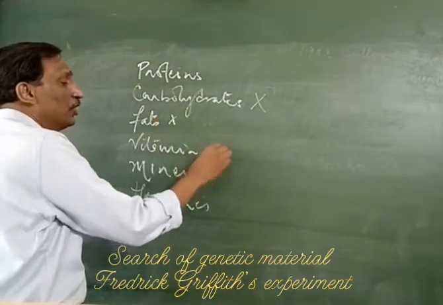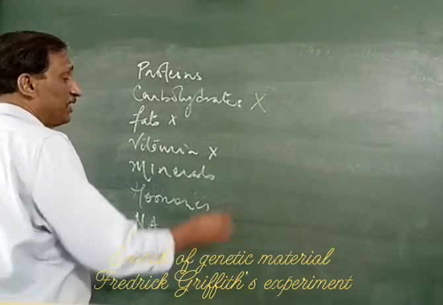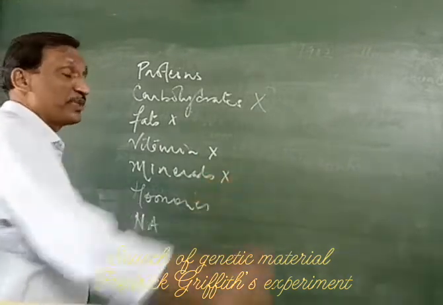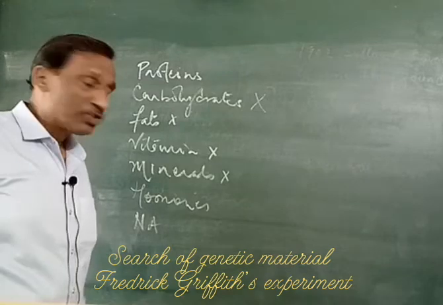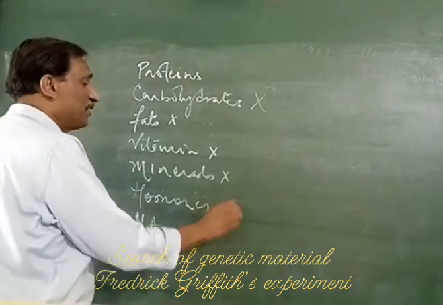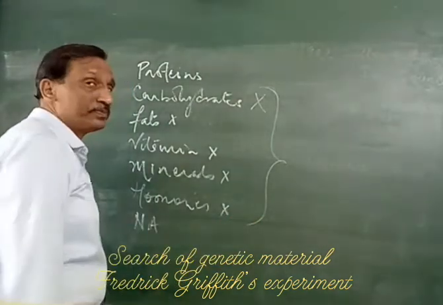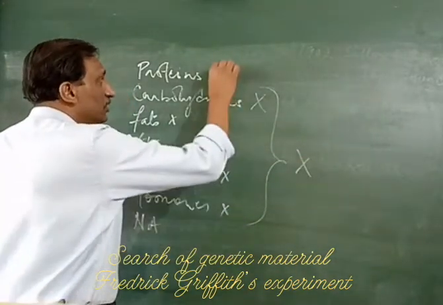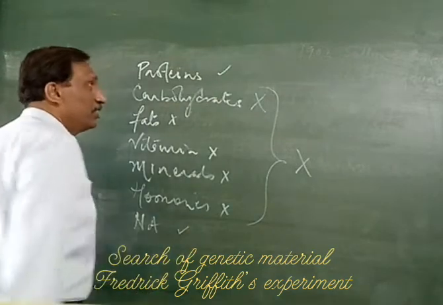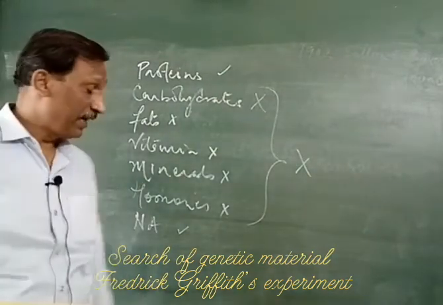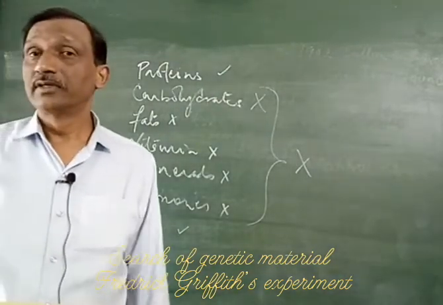Vitamins are only few, so this cannot stand for that. Minerals do not have specificity, so they are also not a good candidate for a factor. Hormones are also limited. So all these are out. The real candidates we have got are proteins and nucleic acids.